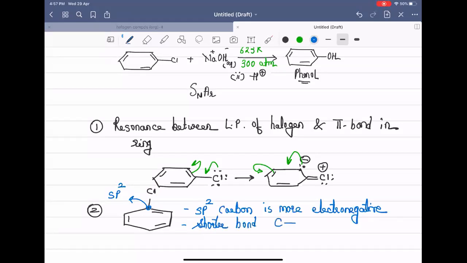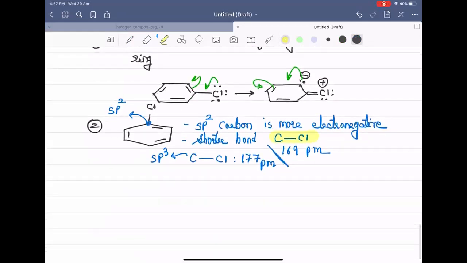They say that the C-Cl bond here is about 169 picometers, whereas the normal C-Cl, where carbon is sp3, is about 177 picometers as given in our books. So the second important reason is it is a small bond and hence very difficult to break.